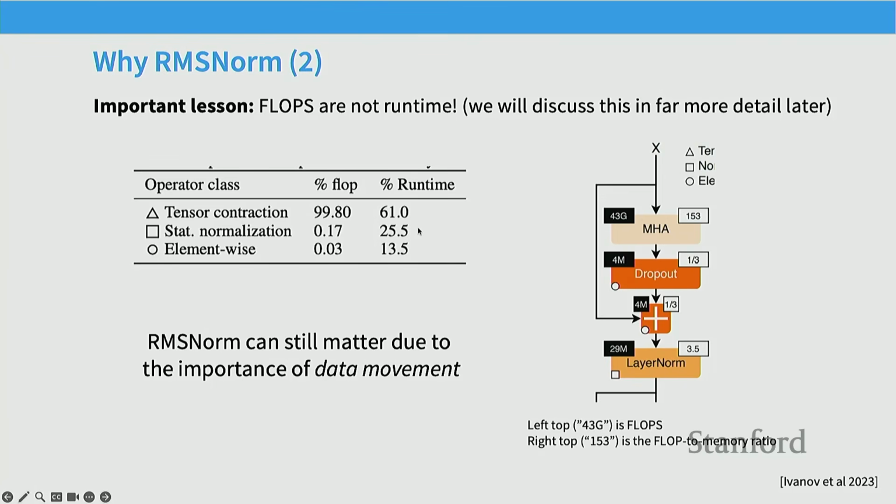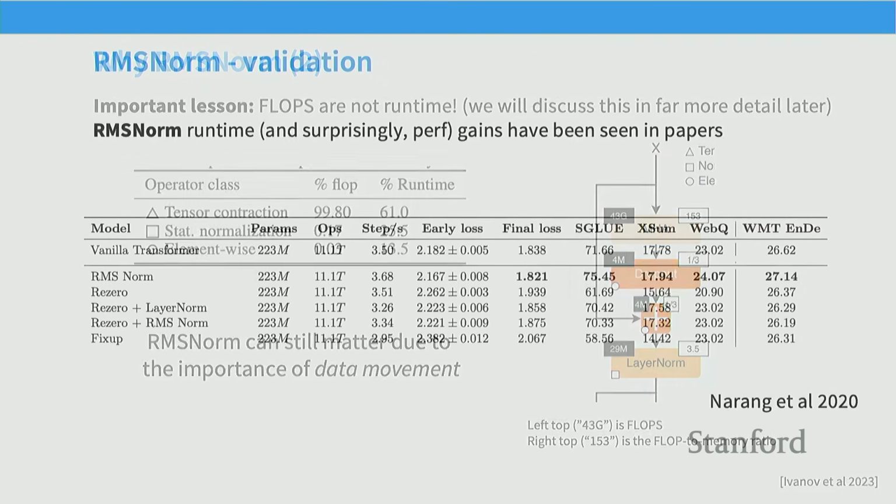A big reason is that these normalization operations still incur a lot of memory movement overhead. So it does matter to optimize some of these lower level things, because it's not just about flops, it's also about memory movement. I'm going to emphasize this quite a bit more in the systems lecture. When we talk about GPU architectures, it's going to become very, very important to think about memory, not just about flops. And this is one of the reasons why RMS norm has become much more popular.